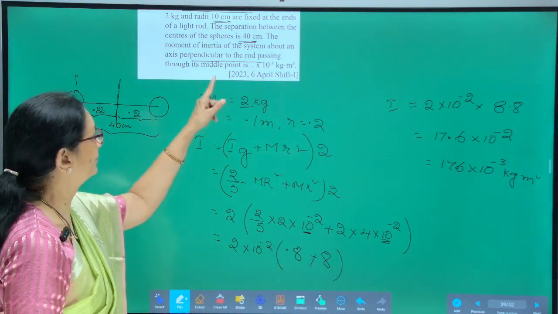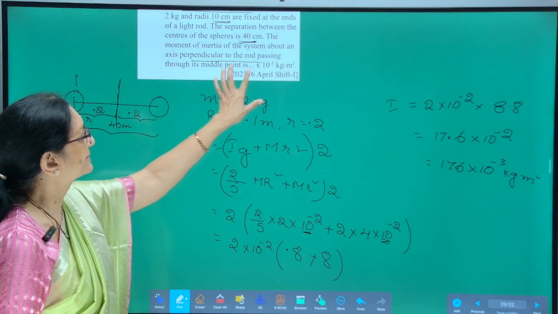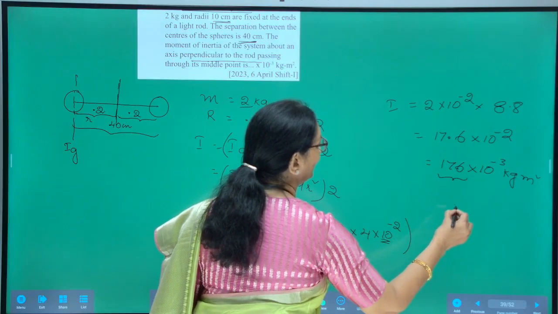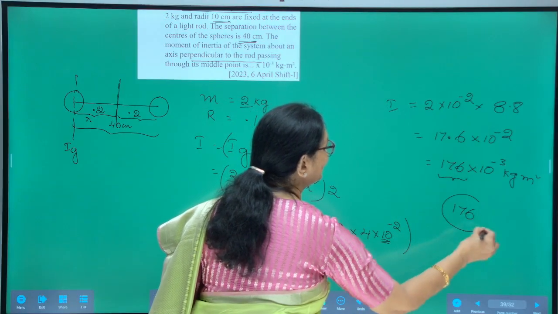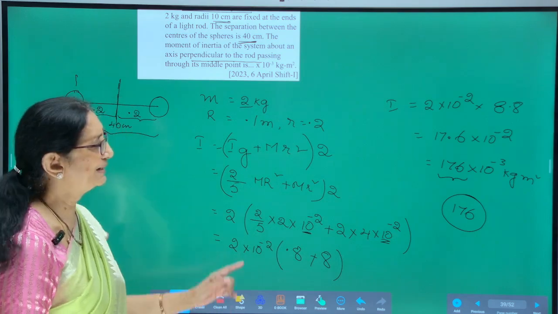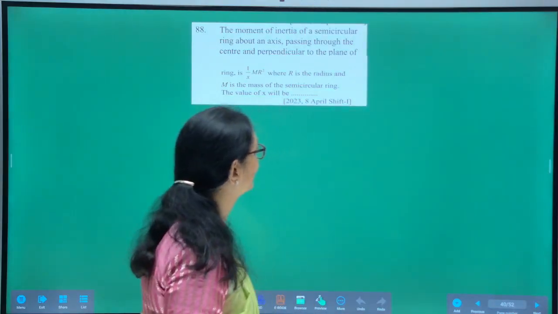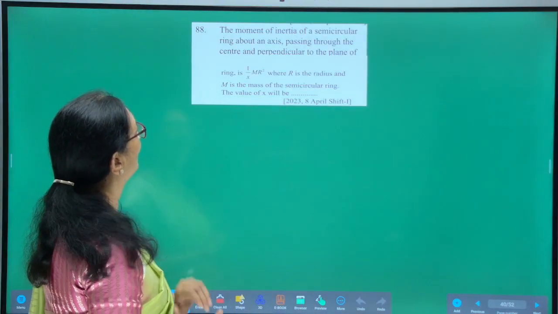If you look at the question, it is given as something into 10 power minus 3. So, that numerical value is 176. So, 176 into 10 power minus 3 kg meter square is the answer for that. Go for the next problem.